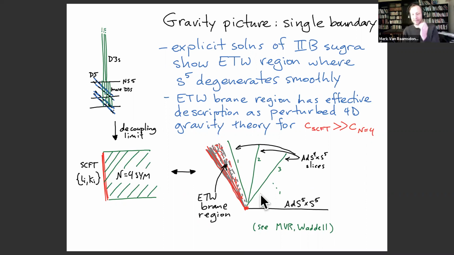And then the S5 is like a little tube coming off of that. And so you can understand that mostly the physics within this end of the world brane region, if you had some excitations, it mostly just stays there. And then very rarely it can leak off into the S5. Okay. And so there's this 10D picture of the gravity localization that I'm talking about.